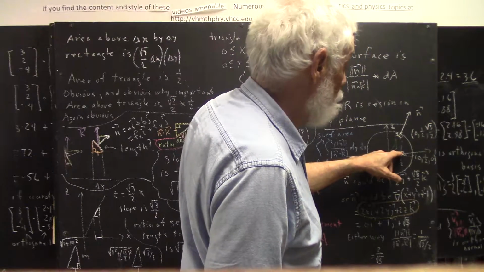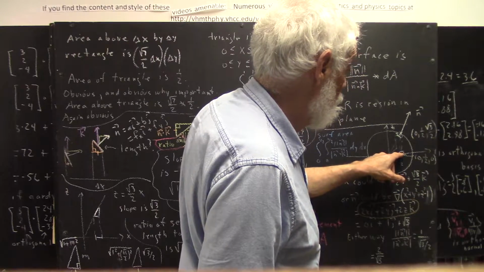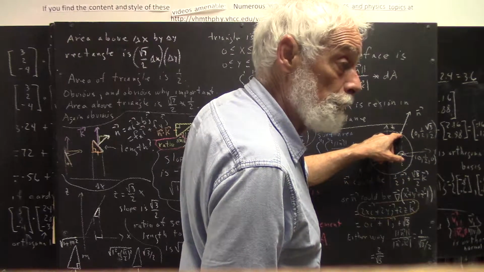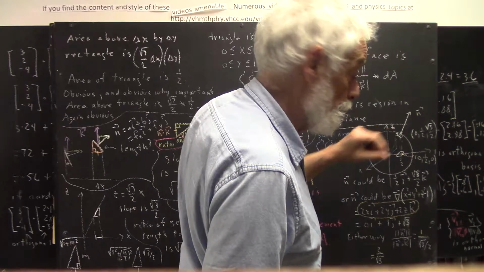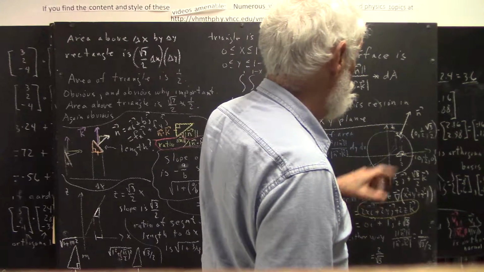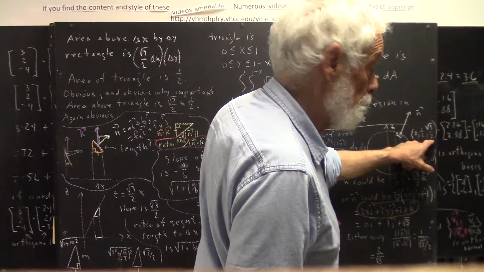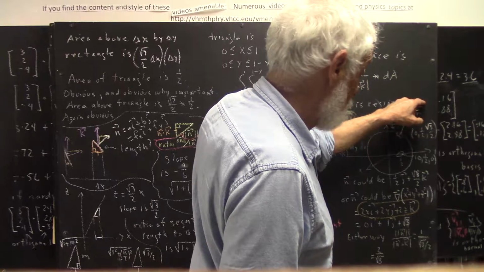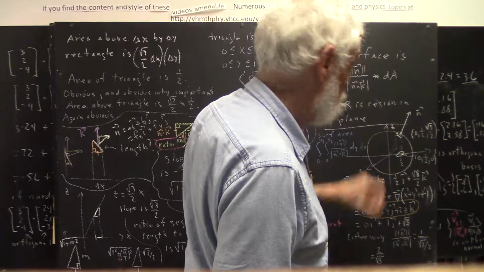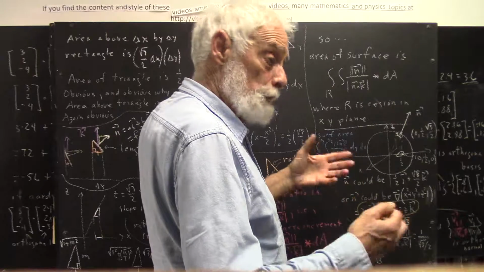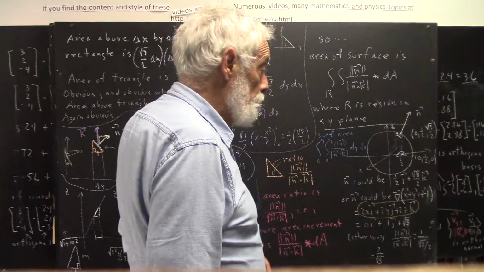In other words, we have the point 0, 1/2, 0 corresponding to the point 0, 1/2, square root of 3 over 2 on the sphere, and we use this point as a basis for determining the normal vector on this tiny region. And then, of course, we take limits and we get integrals.